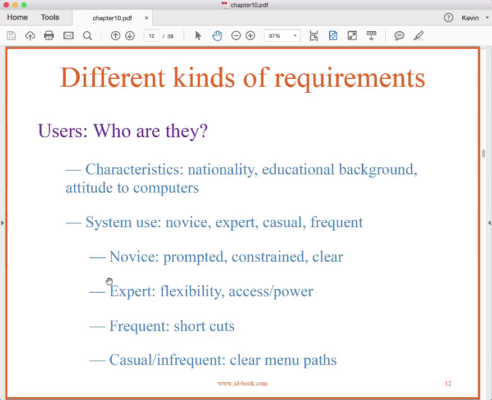So, what do we have to know? Well, we have to know who our users are. Again, this is user-centered interaction design, right? So one of the first things we're going to ask is who the users are. So characteristics like what's their nationality, what's their educational background, what's their attitude toward computers.